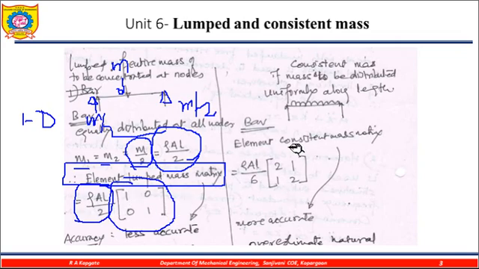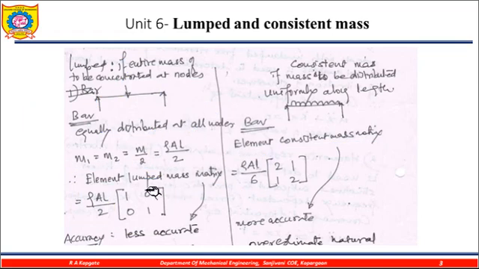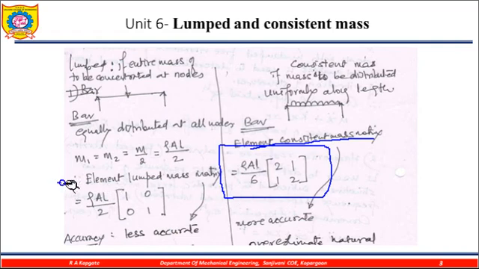In a similar way, when the consistent mass is used, my element mass matrix is rho A L divided by 6 multiplied by the matrix [2 1; 1 2]. So I am getting the element lumped mass matrix as well as the element consistent mass matrix. You need to keep in mind these mass matrices.